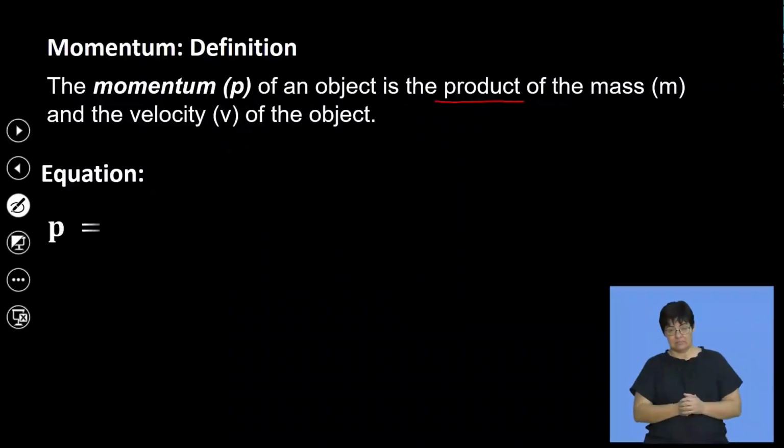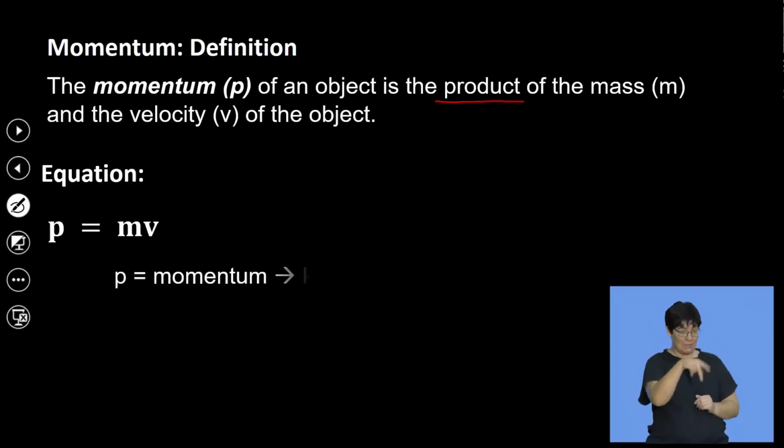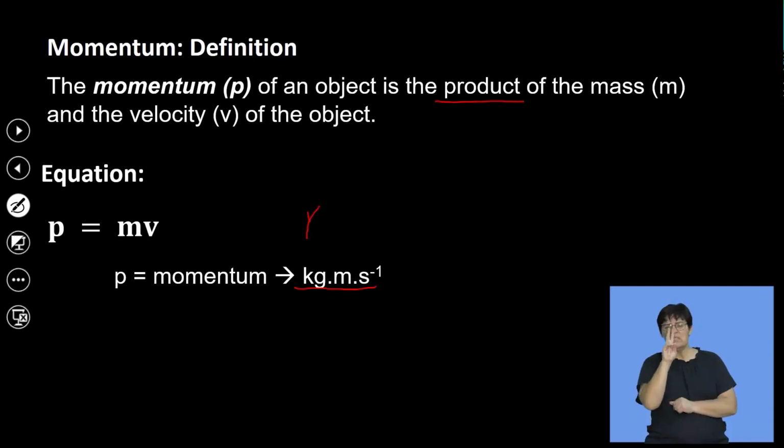The equation: p equals mv, which is nice because it's given to you on your information sheet, lowercase p. So p is momentum measured in kilogram meters per second. Be careful here, because we see this from time to time where you make that a big K. It's a lowercase k.